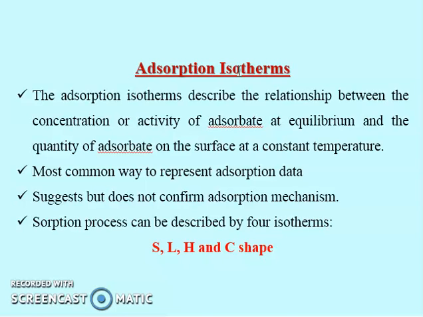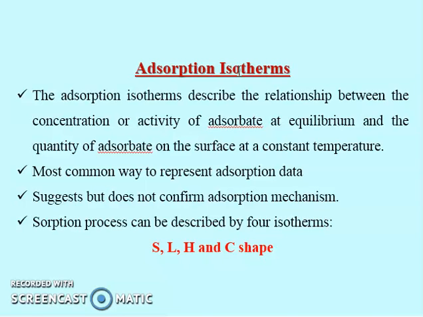How do we calculate the adsorbate on the surface? By subtracting the final concentration from the initial concentration. The difference goes to the surface of the adsorbent. This is the most common way to represent adsorption data; it suggests but does not confirm the adsorption mechanism.